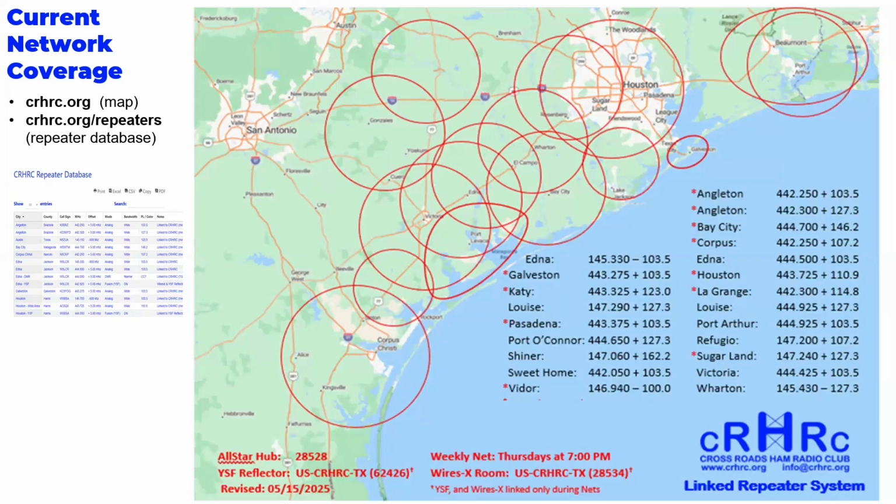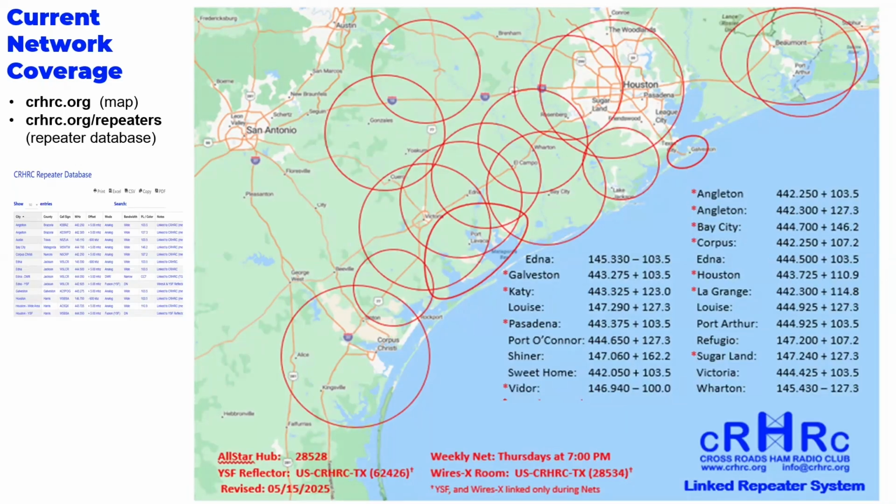And what has happened is we have people that are approaching the group, the Crossroads, and asking if they can link their repeaters. Like, say they had repeaters up on the air for a long time, and there wasn't much activity, and they asked if they can connect, and that's kind of how we have grown organically. And we basically have reactivated some repeaters that weren't activated for a long time.